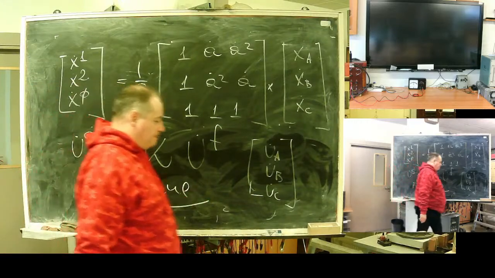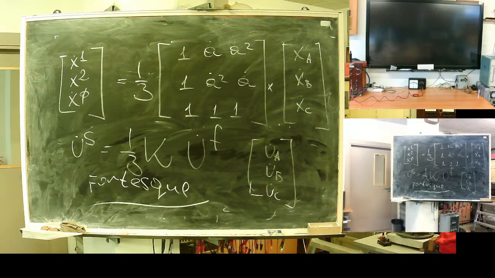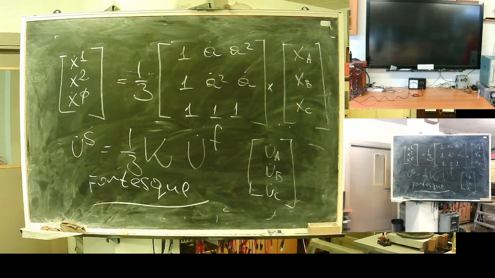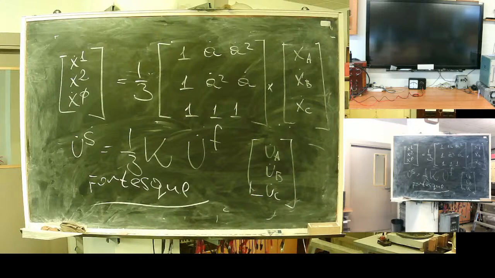This nice Fortescue transform is worthless until we get its inverse form. We need a way to obtain real currents, real voltages from symmetrical components. After the Fortescue transform, we will get three systems with absolute symmetry. But we will need an inverse transform.